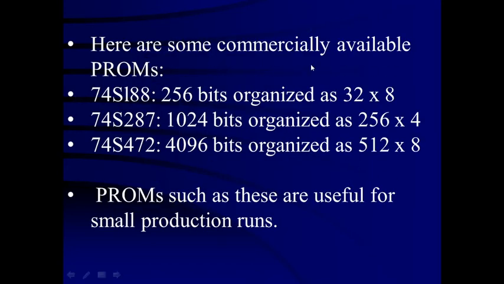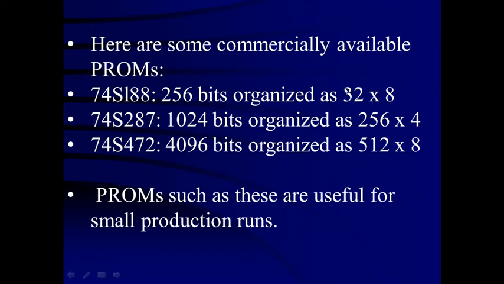Here are some commercially available PROMs. This is the 74 series. 74S stands for 74 Schottky TTL. The 74S188 IC is nothing but 256 bits organized as 32 multiplied by 8.